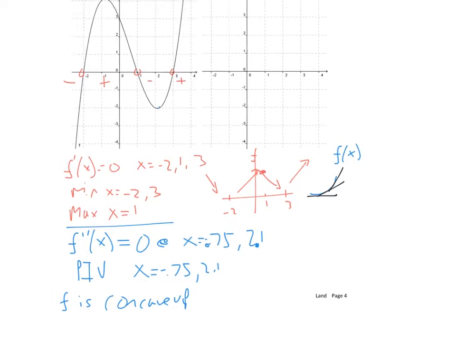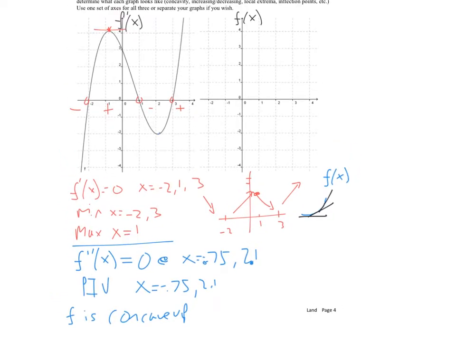Let's see here. Let's look at the graph. It's increasing on this spot right here from 0 to 0.75. So the derivative is increasing. That means that it's concave up from 0 to negative 0.75. Okay? It's also increasing over here.